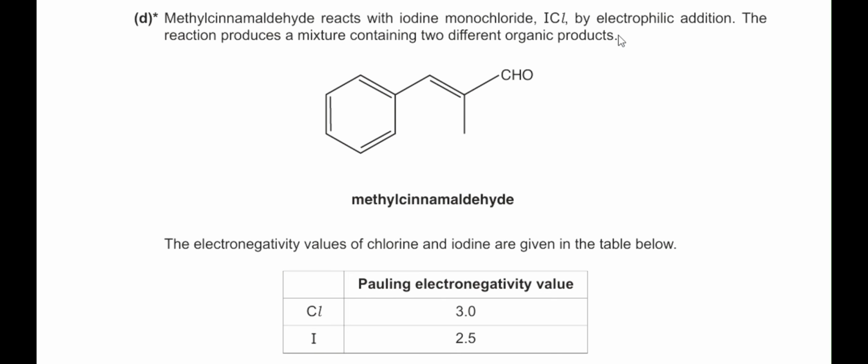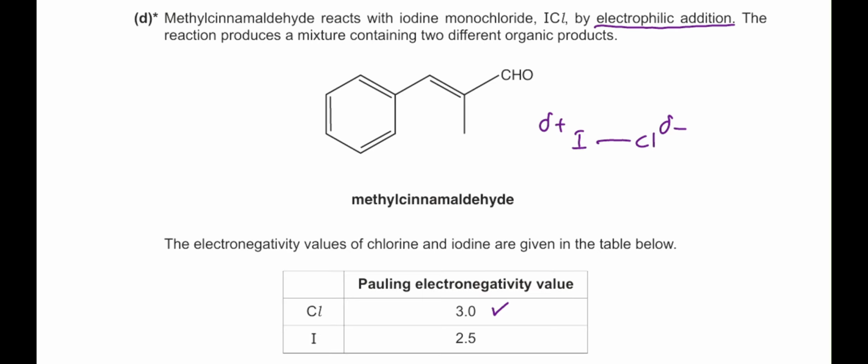This gives us two important clues. One is it's an electrophilic addition reaction, and second is that the chlorine's electronegativity value is higher than that of iodine. Because of the electronegativity difference, the bond in ICl is polarized, carrying a delta positive charge on the iodine and delta negative charge on the chlorine.